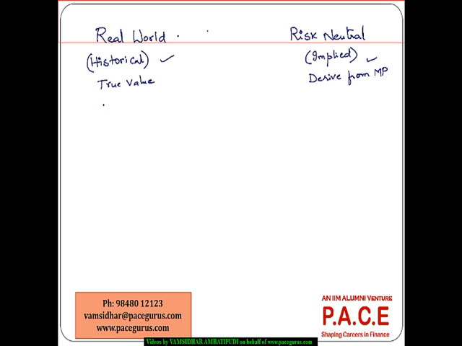Generally, when it comes to default probability, we will be using the real world for the estimation of default probability if I am using it from a risk management perspective. If I have to really use the default probability from a risk management perspective, I prefer using the real world.